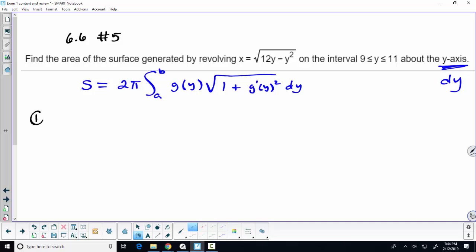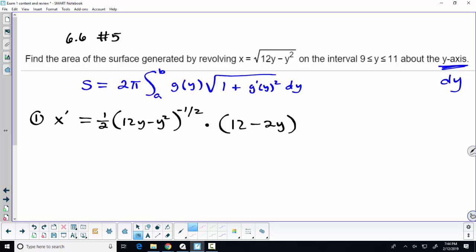Here we're actually finding the derivative of x with respect to y. So the derivative here, chain rule, the power comes out front. And we have to multiply by the derivative of the inner function, so multiply by 12 minus 2y. Does this one cancel out?